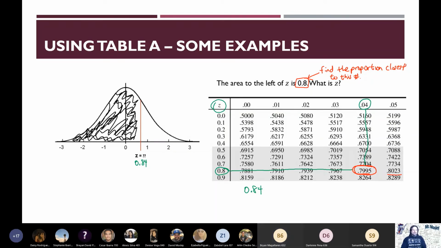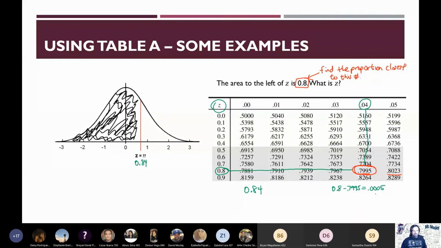Yeah. So again, I need to find the number that is closest to the one that I've been asked for, which is 0.8, right? From 0.7995 to get to 0.8, I have to add 0.0005, right? So we have 0.8 minus 0.7995 equals 0.0005.